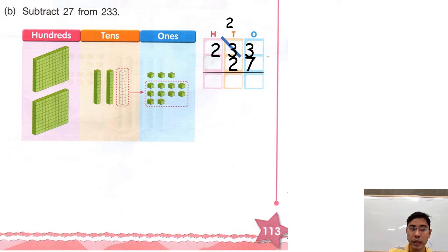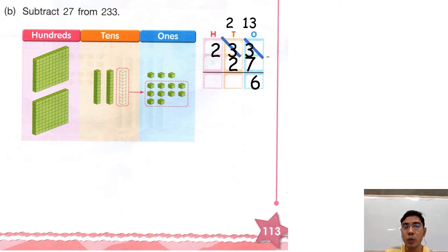And 3 from the ones place will become 13. Now, we can subtract 7 from 13. So let us count. 7 in your mind. 7, 8, 9, 10, 11, 12, 13. I have here 6.